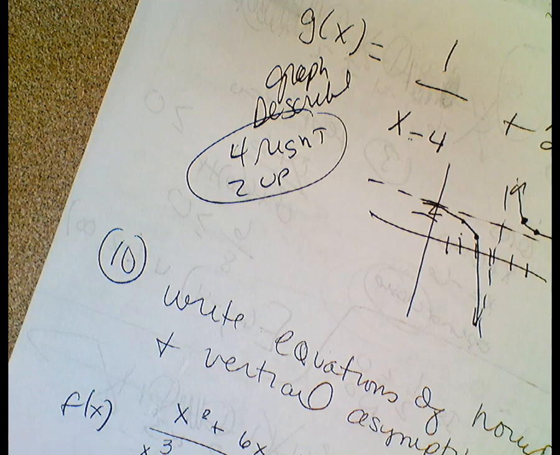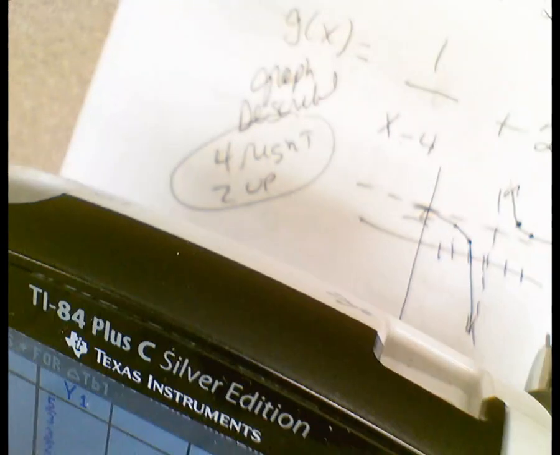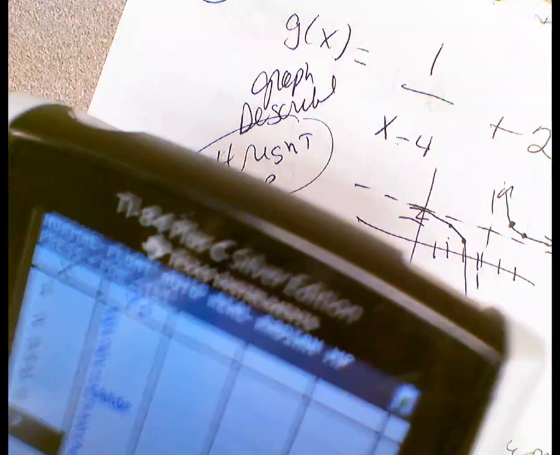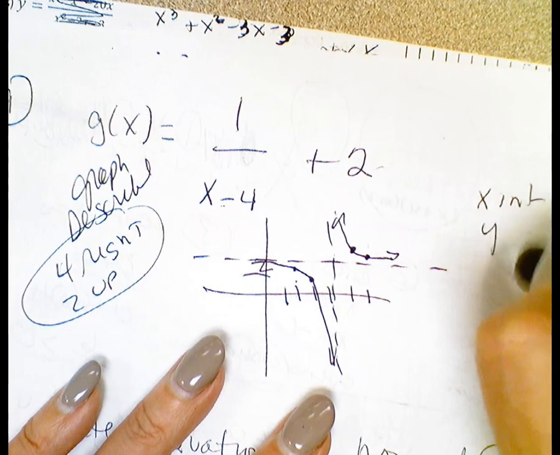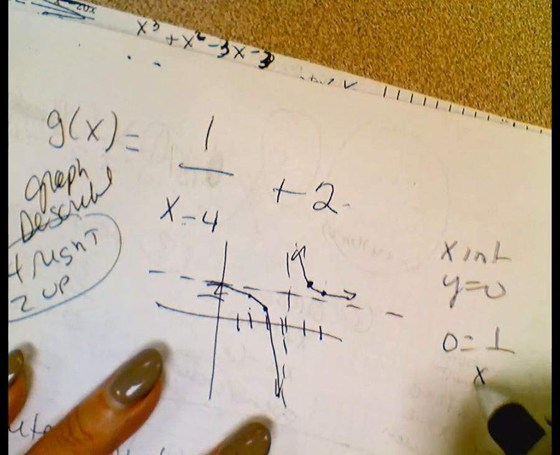So one thing I might want to know is what the x-intercept is. So if you see a 0 anywhere, you kind of want that number. I don't see a 0 though. So if I said what is the x-intercept, you would let y equals 0. So if I was letting y equals 0 in this problem, I'd have this. Would you be able to solve this if I let y equals 0?